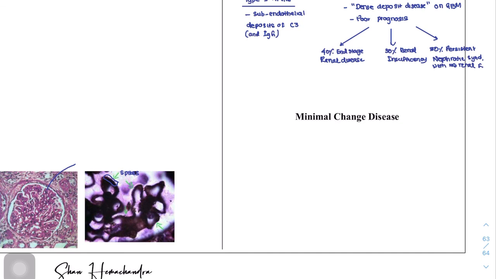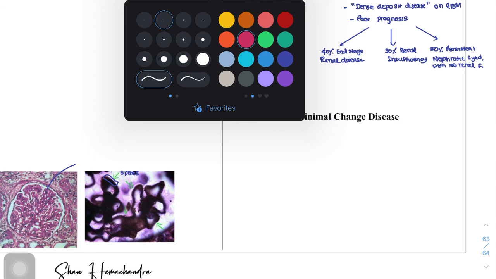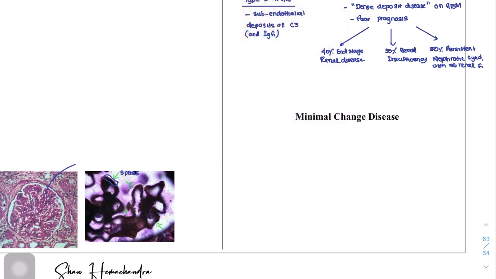And finally, we have minimal change disease. What is minimal change disease? As the name says, there is going to be minimal changes. So this is a condition, a nephrotic syndrome in children. This is the most common cause of nephrotic syndrome in children.